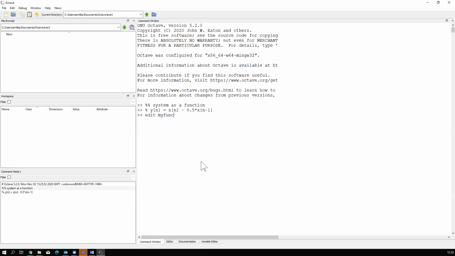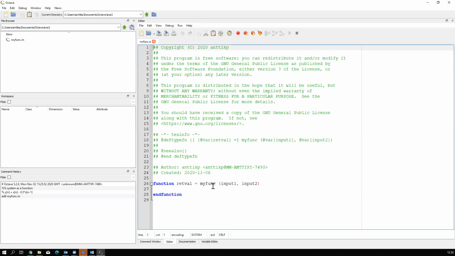Would someone tell me if you have already written your own functions in MATLAB? Remember how to write your own functions. That's pretty easy, actually. Let's create a new function.